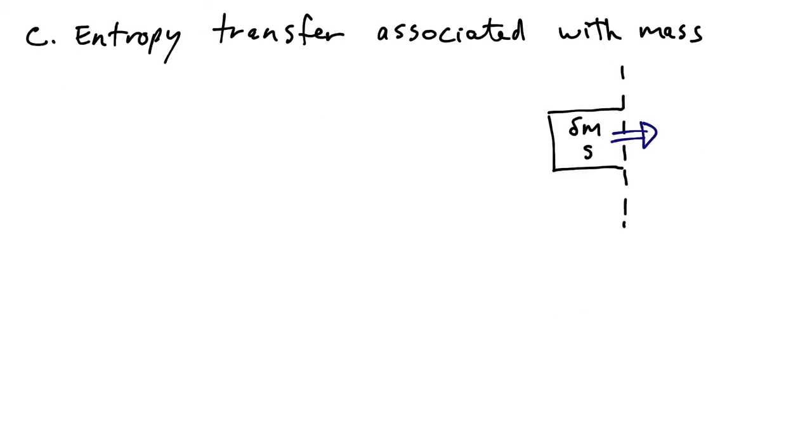The third and final entropy transfer that we want to look at is that associated with mass, specifically mass crossing the boundary. This is the system that we're going to be looking at. We have defined a little parcel of mass with mass delta m, and the specific entropy of that little parcel is s. Then we look at what happens when that parcel fully crosses the boundary of the system.